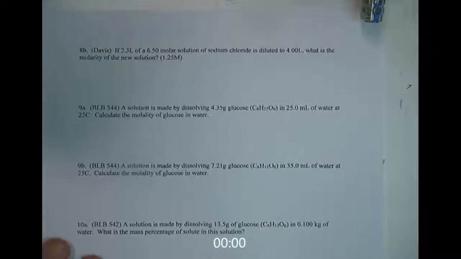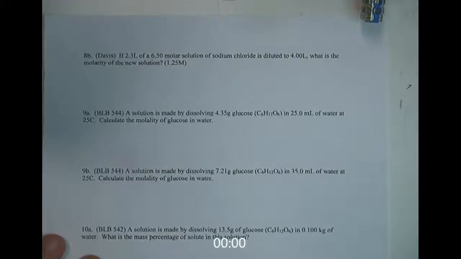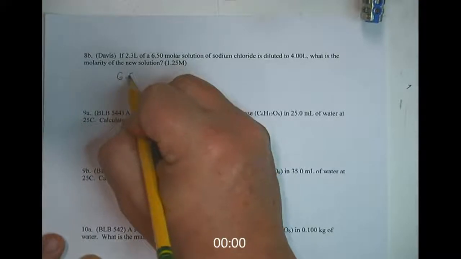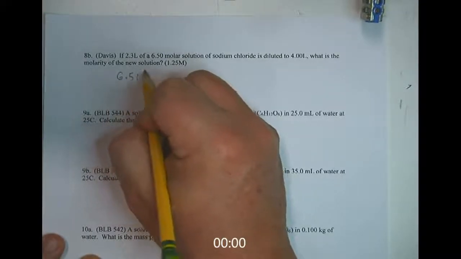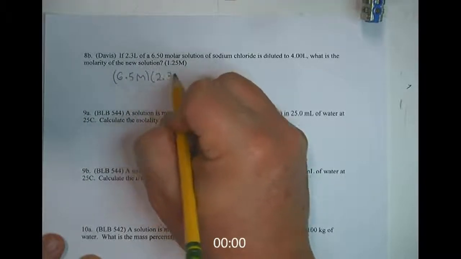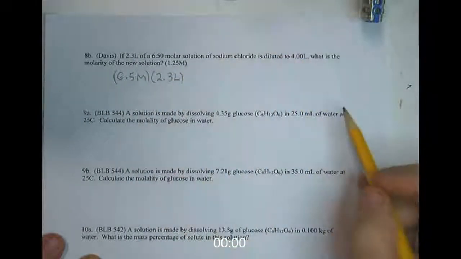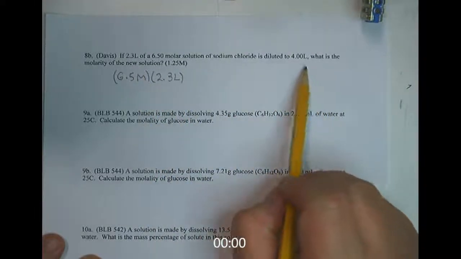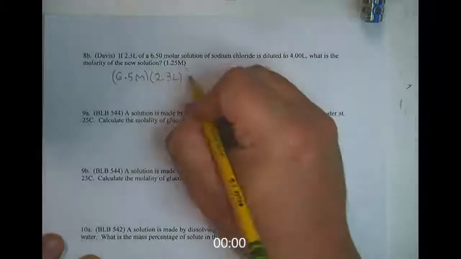Okay, 8B is just like 8A. It's a pretty easy problem. So we have a 6.5 molar solution, and we have 2.3 liters of it. And we're going to increase that from 2.3 liters up to 4 liters. So we want to know what the new molarity is going to be.